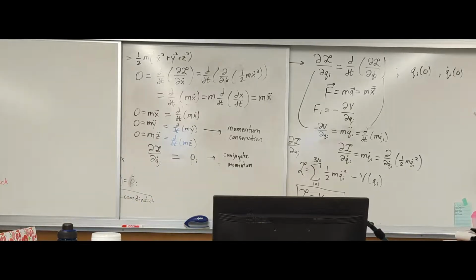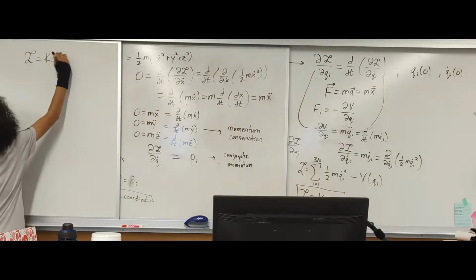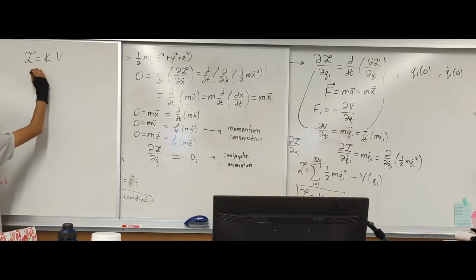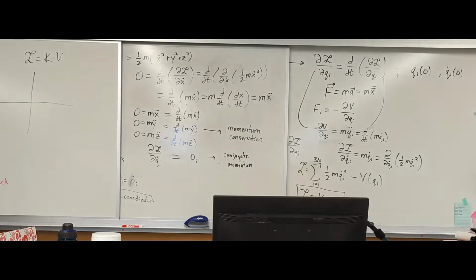So let's say we're talking about throwing up a ball or something like that. We're going to treat the ball as a point. Okay. So let's say we set up some sort of coordinate system so that gravity is going downward.